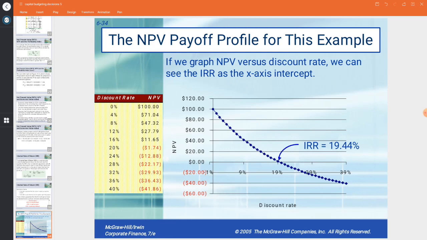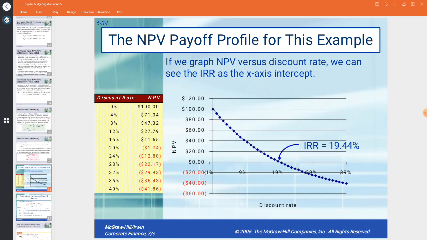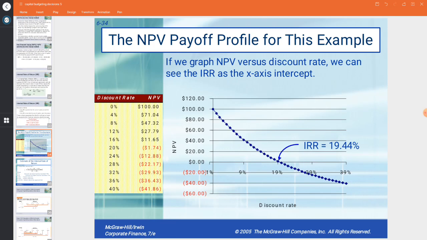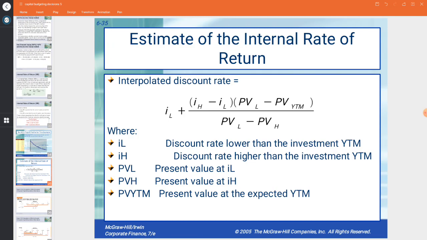The question is how we could determine this. How could we determine the internal rate of return? This could be determined by the interpolation discount rate method.